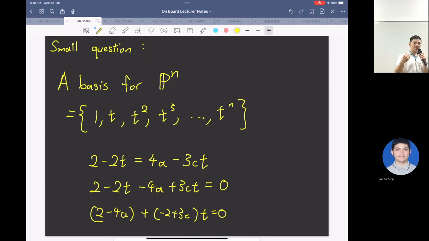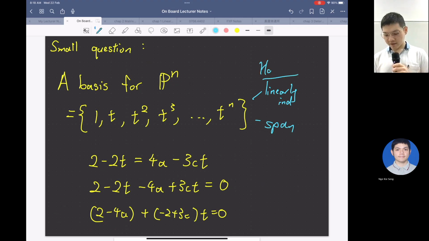You can try to prove linearly independent and span. We won't do it now, but later we will learn a new tool, and using that tool, maybe it's easier to see. If you want, you can try the classical way to show linear independence and span.